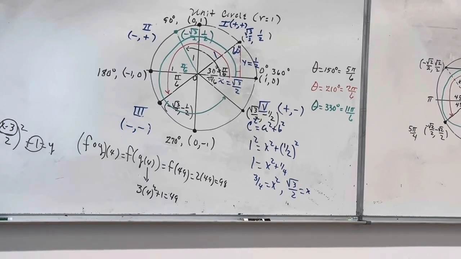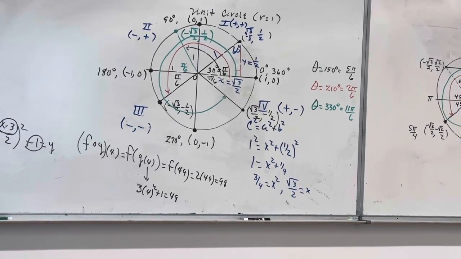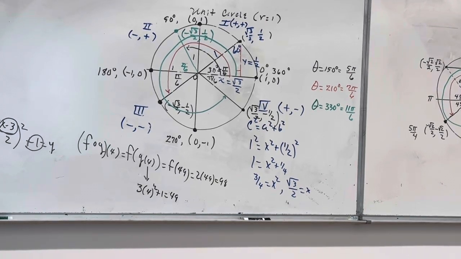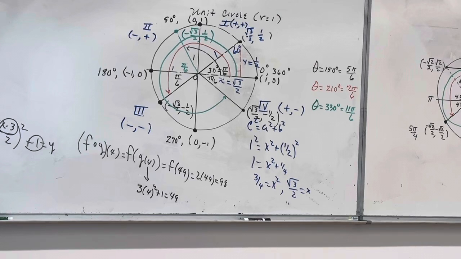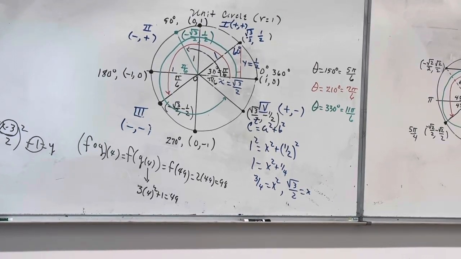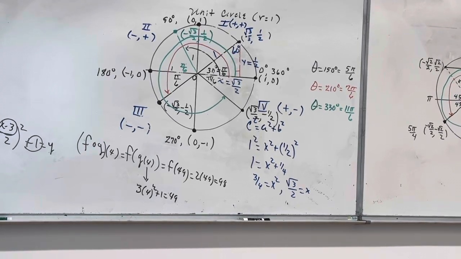Mr. Park, do me a favor. Find tan of 5 pi over 6 using your device over there, maybe a calculator, and see what the calculator shows for tan of 5 pi over 6. That's negative 1 over root 3. Negative how much? Negative 1 over root 3.